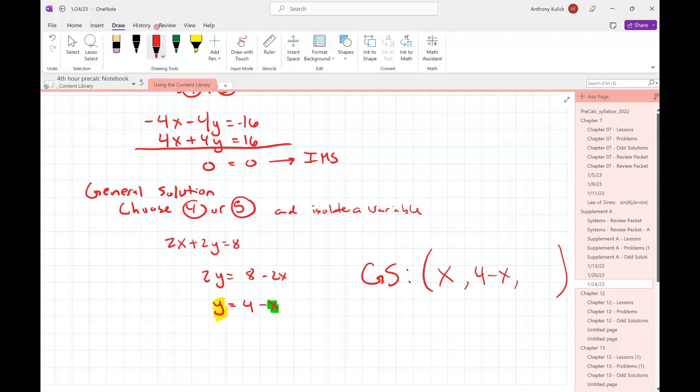To get my third component for my general solution, I'm going to take that equation, y equals 4 minus x, and plug it into either equation 1, 2, or 3. I'm going to plug it into equation 1 because the coefficient on z was 1 already, so it'll be easy to get z by itself.